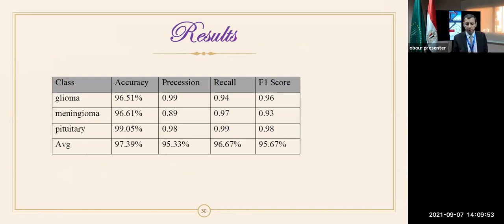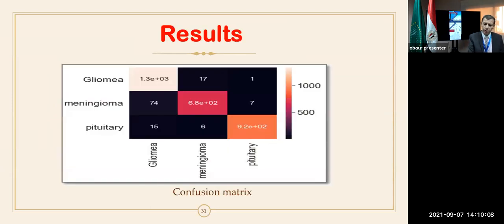We did some experiments, and we gained some good results as illustrated in this table. To express or show our results more, we used a confusion matrix.